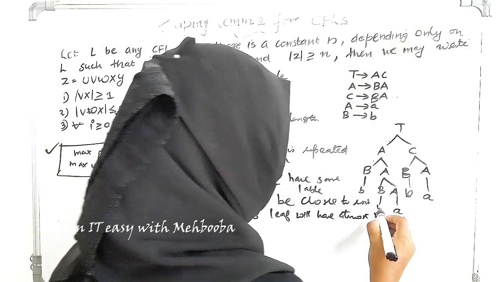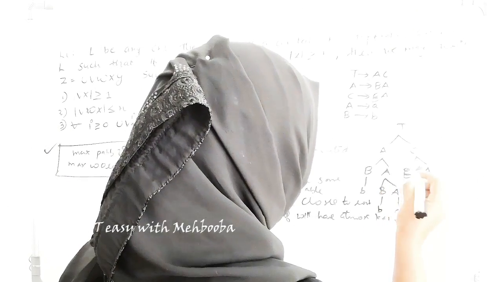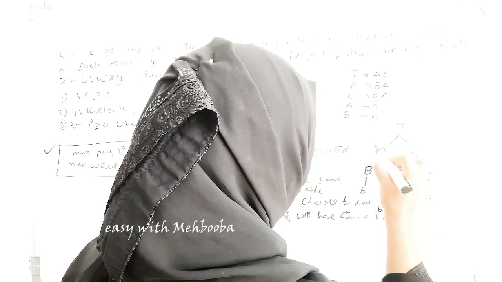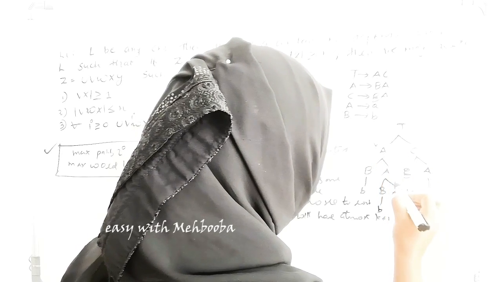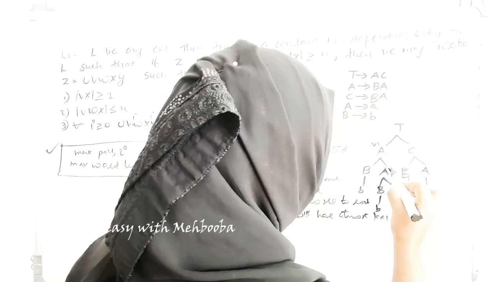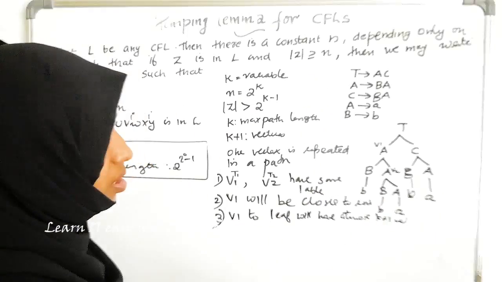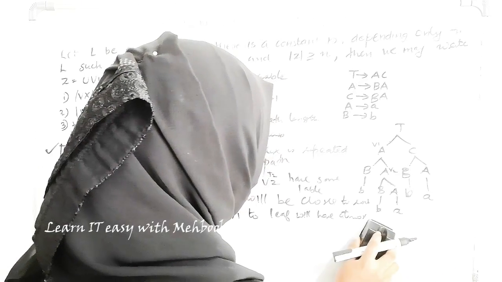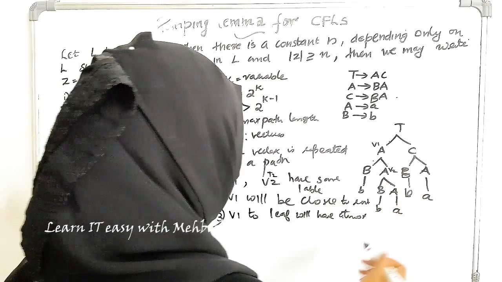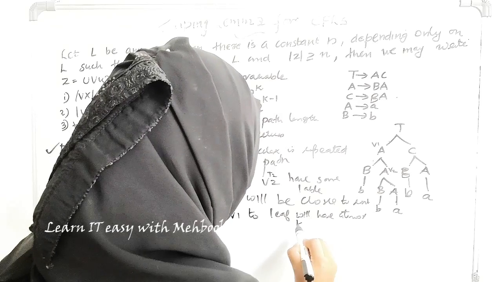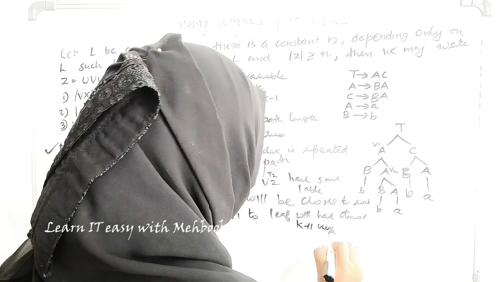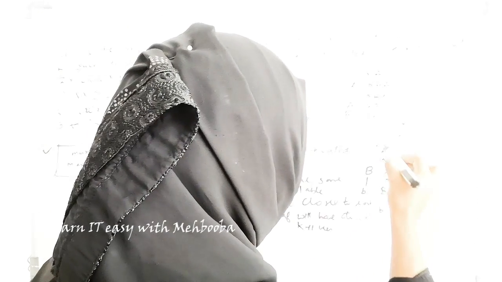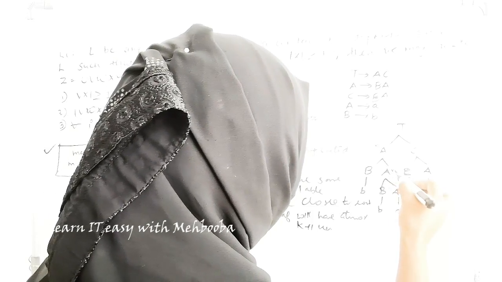So we will take this A as some V1 and this A as some V2. We have more vertices repeated here, but for the sake of the proof, we will consider these two. So this is a subtree rooted at V1 and this is a subtree rooted at V2.